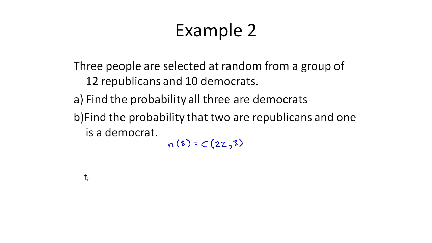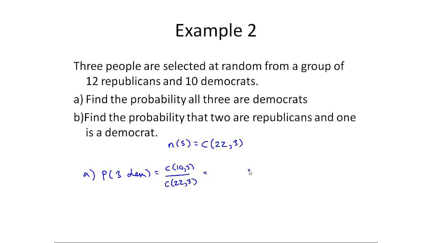When I look at A, which says find the probability that all 3 are Democrats, I know that the denominator is going to be 22 choose 3. But now the numerator is going to be the small picture. What am I trying to study here? The event is that all 3 are Democrats. There's 10 Democrats in the group, so that would be all the ways I could choose 3 out of those 10. That would be 10 choose 3.